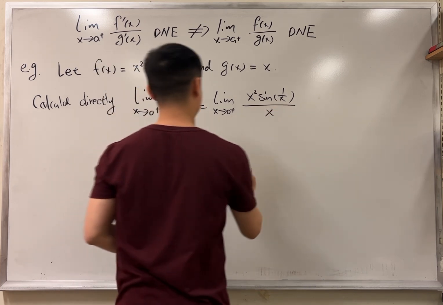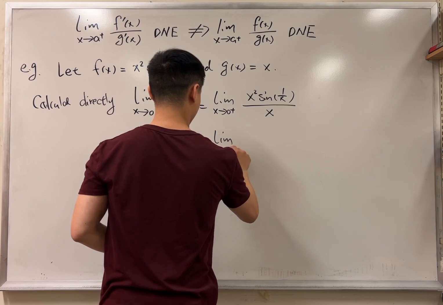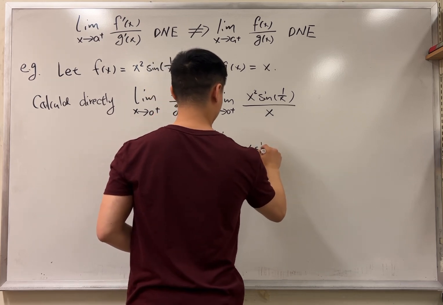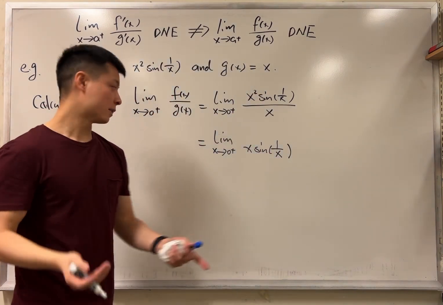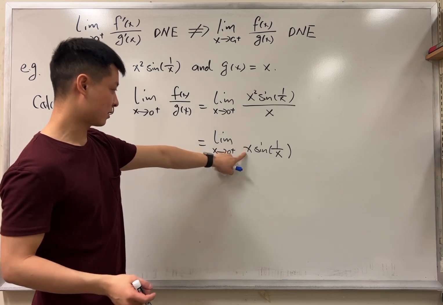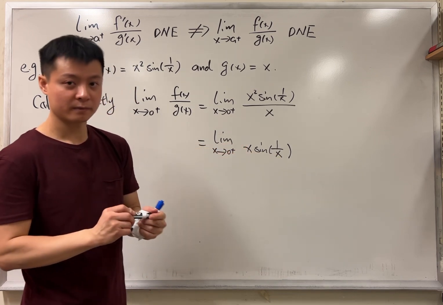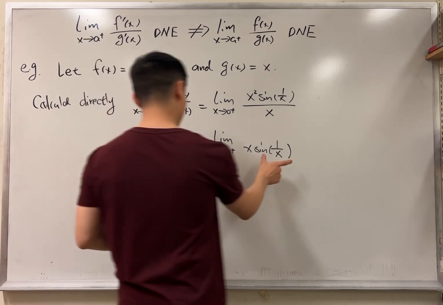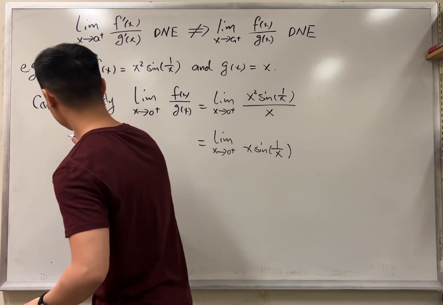Okay, and then we can cancel x, the top and the bottom, so it comes to this limit. It's very easy to see that this limit is 0 because x will go to 0 and the sine function is bounded. If you're not so sure how to prove this is 0, here is a simple illustration.